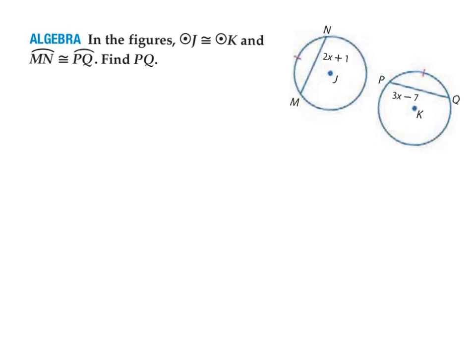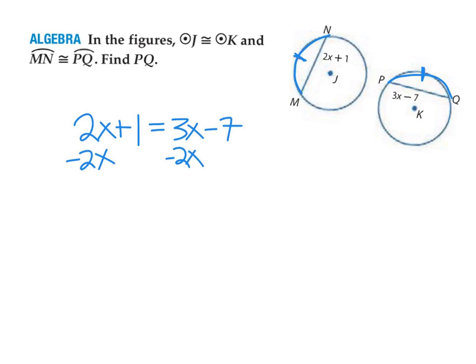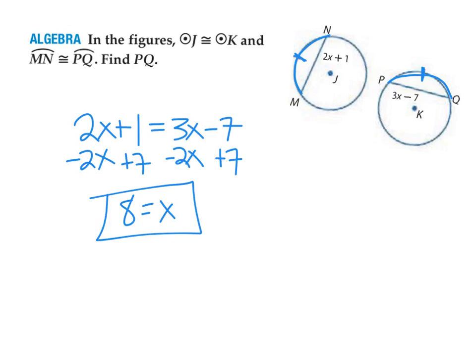In this problem, they're telling us that arc MN is congruent to arc PQ, and they want us to solve for x. To do that, we can say 2x plus 1 is equal to 3x minus 7 because the chords are going to be congruent. Then we can solve it to find out what x is equal to, and we get that x is equal to 8. So once you know that the arcs and the chords are connected to each other, if one of them is congruent, then the other is congruent, and you can solve lots of problems like this.